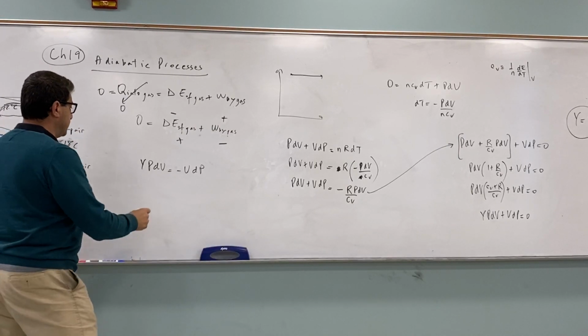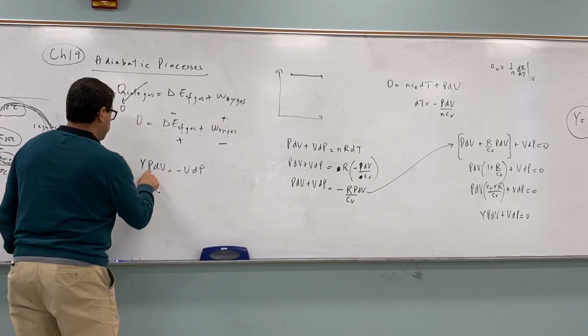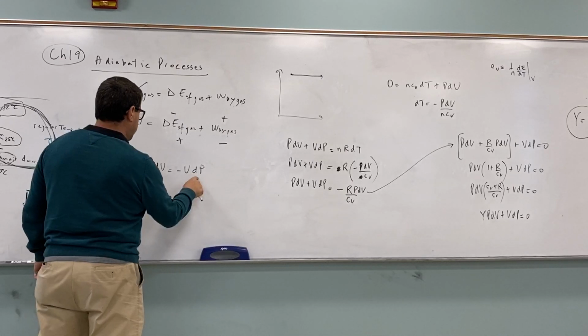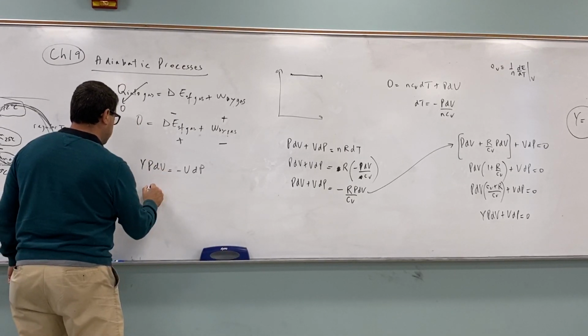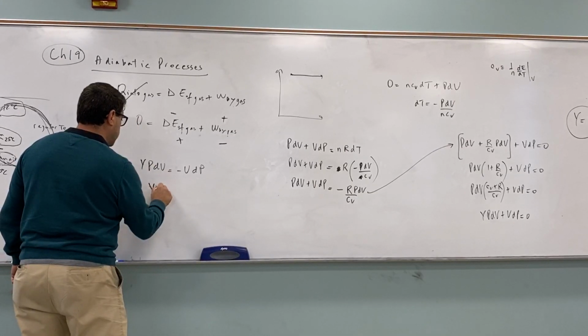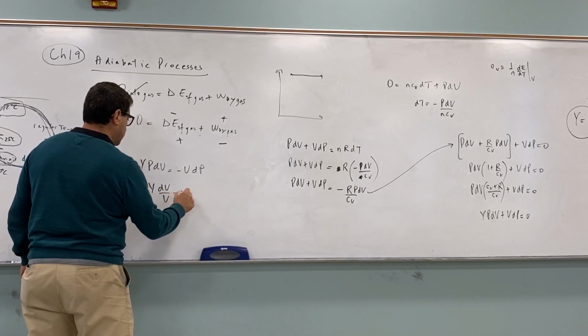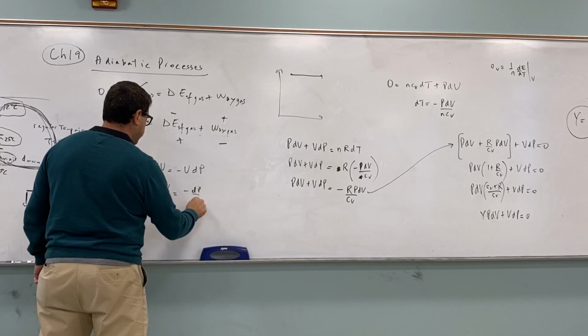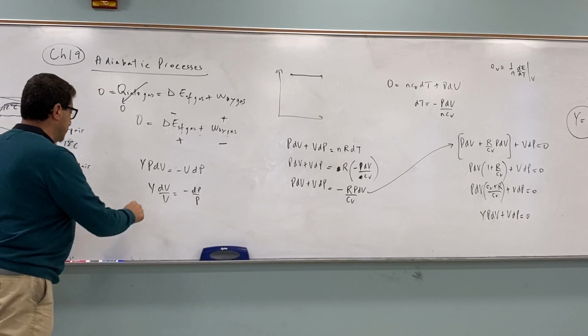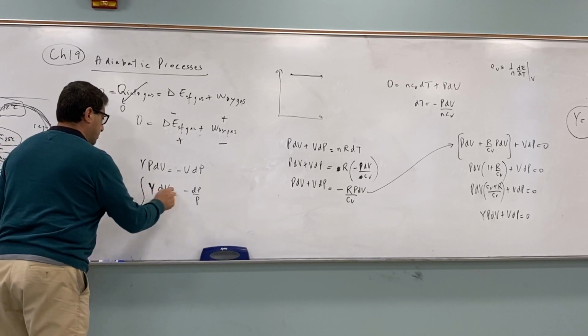And then take the P down here and the V down here. So gamma dV over V equals negative dP over P. And then take the integral of that.